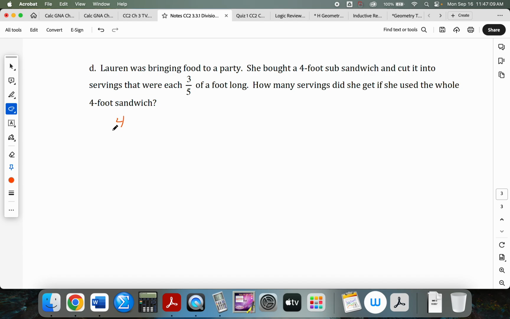So we've got this 4-foot sandwich, 4/1, divided up into pieces that are each 3/5 of a foot long. So that's 4/1 times 5/3 is 20/3.